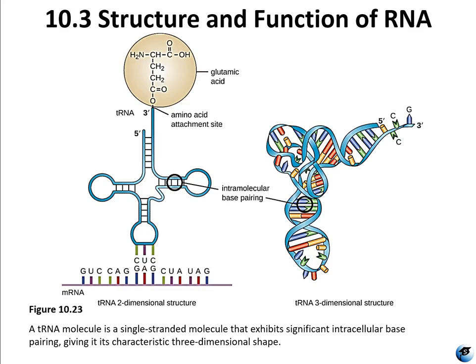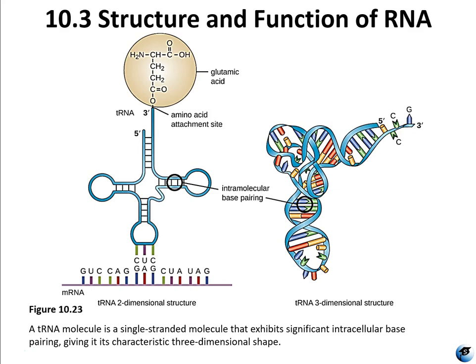The tRNA molecule is single-stranded, but it has this complementary base pairing where it's folded in on itself, and that's what gives it this 3-dimensional structure that looks like an upside down T. So this is tRNA. It's a single strand that has folded in on itself several times. It's a bit ironic that it looks like a T because the T in tRNA actually stands for transfer RNA.